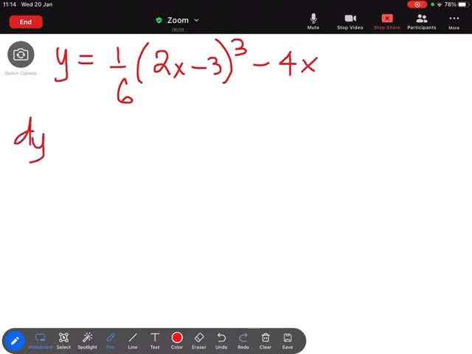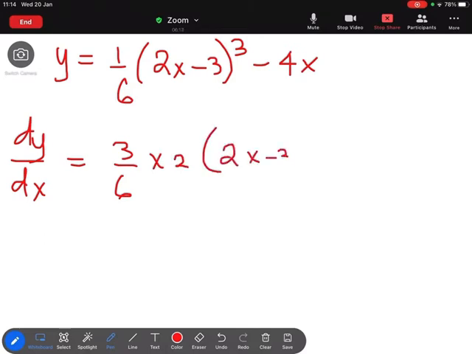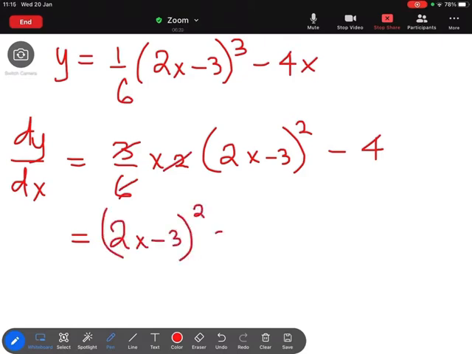So our dy/dx, remembering from a few lessons ago where we started learning differentiation, we shall have 3 over 6 times 2 into (2x minus 3) squared, using the chain rule, minus 4. This simplifies as these will all cancel out, so we'll be left with (2x minus 3) squared minus 4. That's our value for dy/dx.